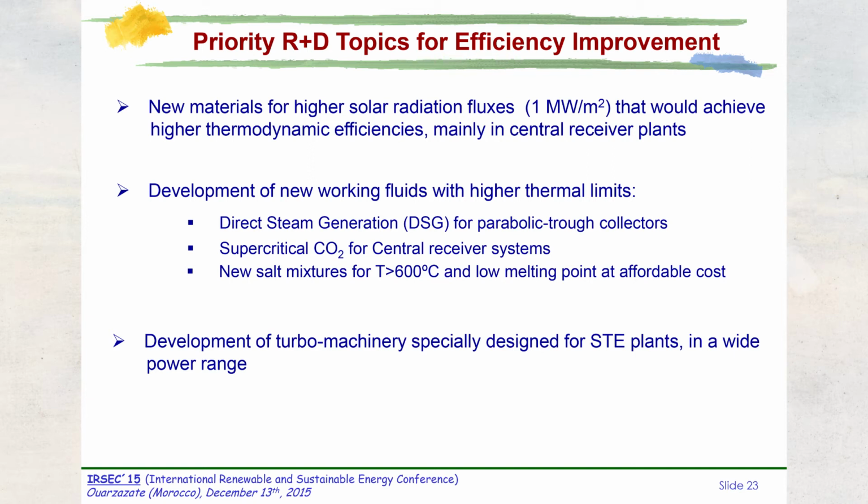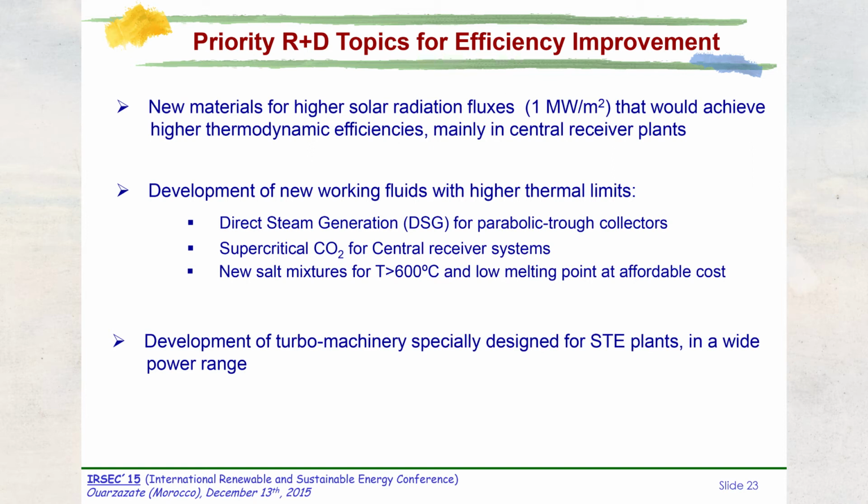And the power systems, the steam turbines in all those plants, are conventional. I mean, they have not been developed especially for this application. So we are using standard equipment, and because of that, the efficiency is not as high as it could be.